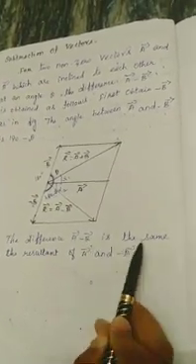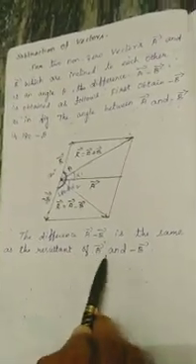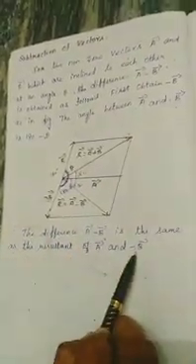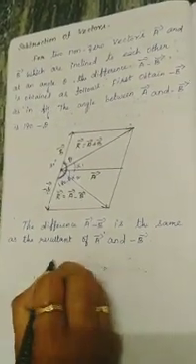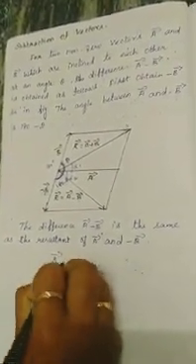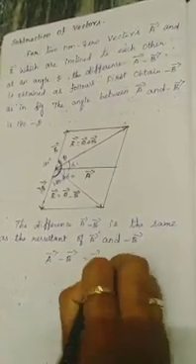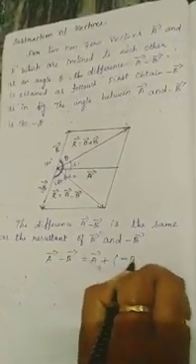So the difference A vector minus B vector is the same as the resultant of A vector and minus B vector. We can write A vector minus B vector is equal to A vector plus minus B vector.